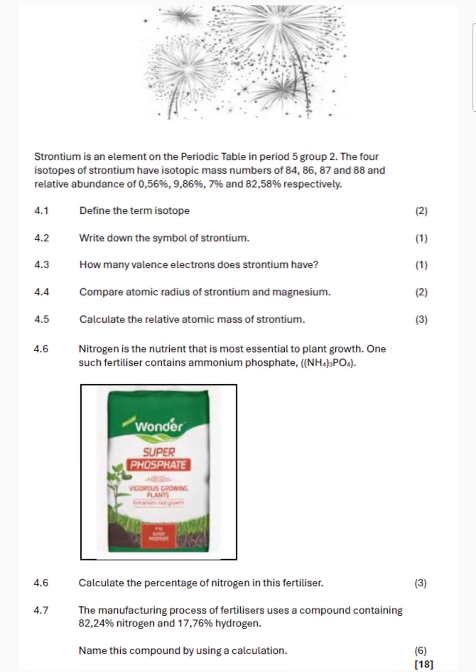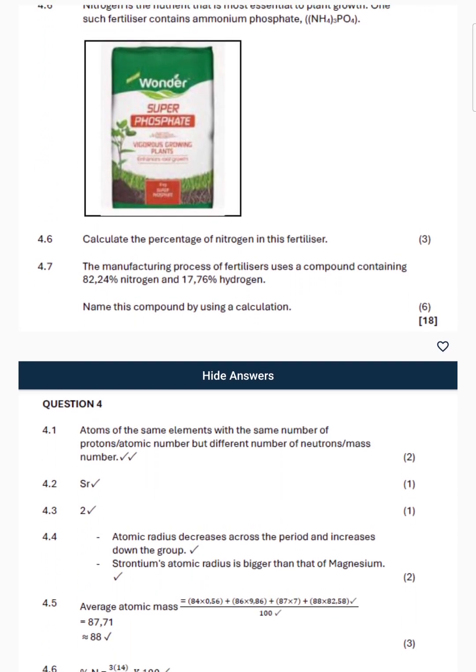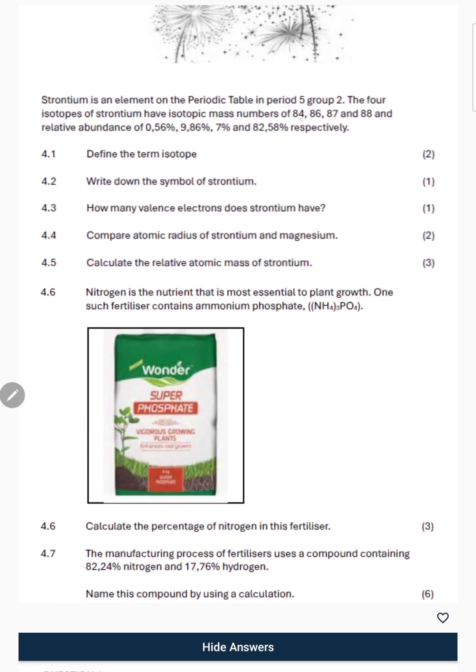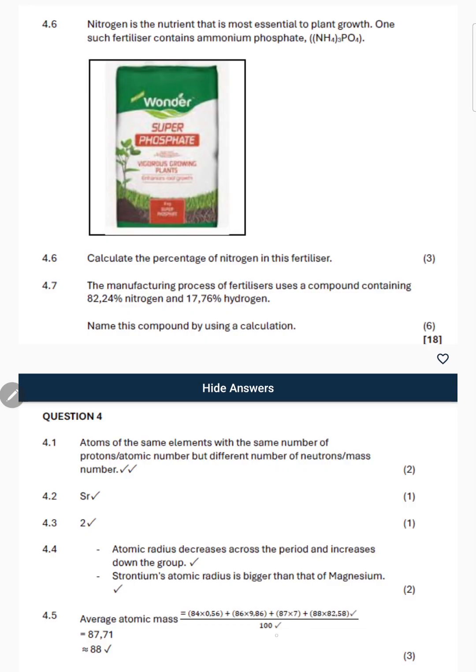Then calculate the relative atomic mass of strontium. We have 84 going hand in hand with 0.56, then 86 with its percentage, 87 with 7%, and 88 with its percentage. The percentages must be divided by 100.